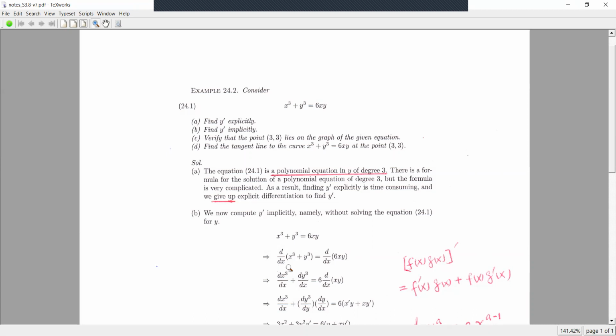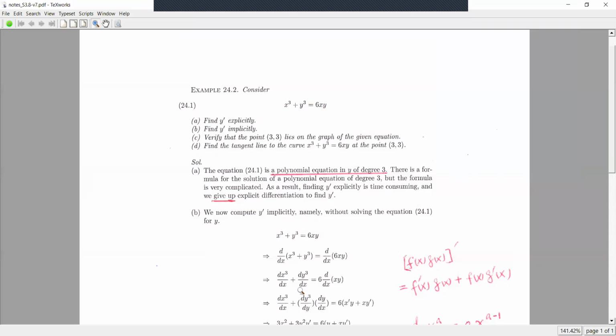The derivative on the left side is a sum of two functions. By the summation formula, this derivative is equal to the sum of these two derivatives. Now, about this equation, we need to compute these three derivatives.